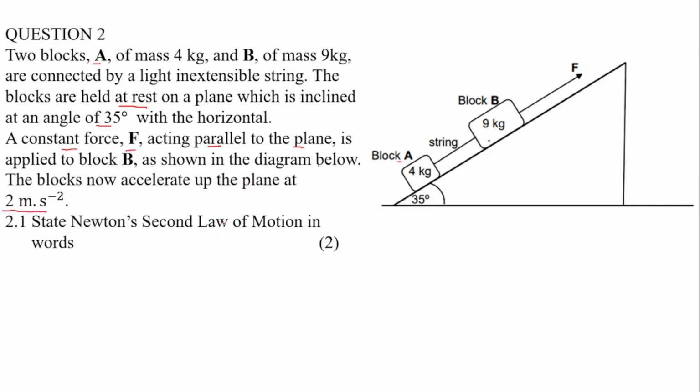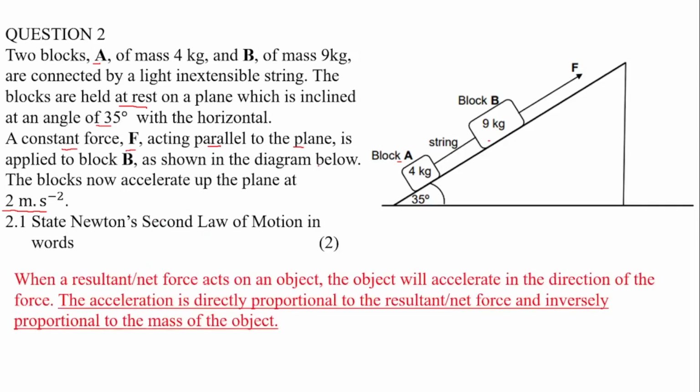State Newton's second law of motion in words. We must know our definitions. What does Newton's second law of motion say? When a resultant force acts on an object, the object will accelerate in the direction of the force. But the main part that you must make sure you write is that the acceleration is directly proportional to the resultant force.